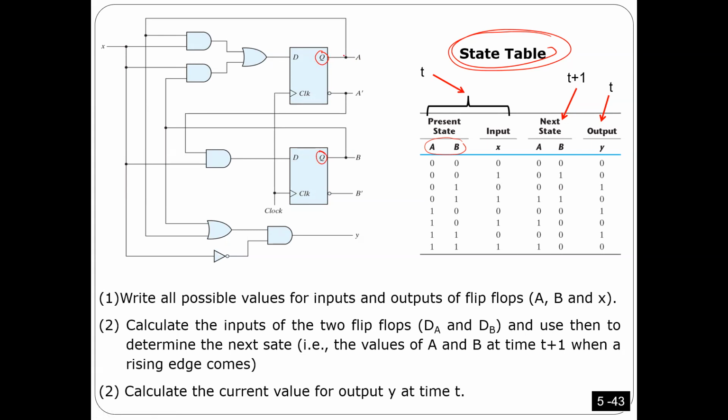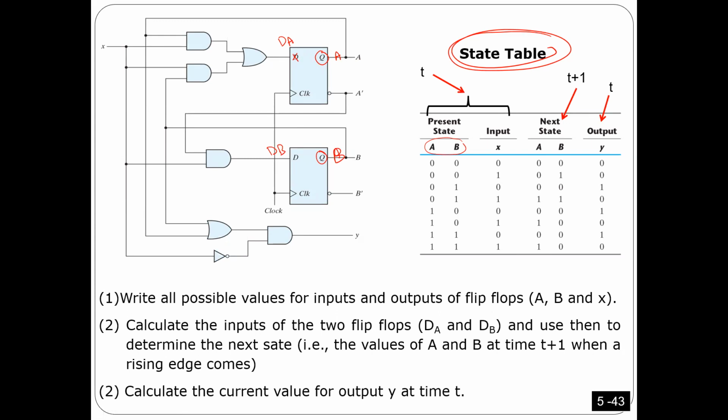Very simple. And now, because we have D here and we have D, how can we differentiate between them? Very simple. I'm going to call this one D subscript A. This one, I'm going to call it D subscript B. Is that okay? Just to differentiate between them.